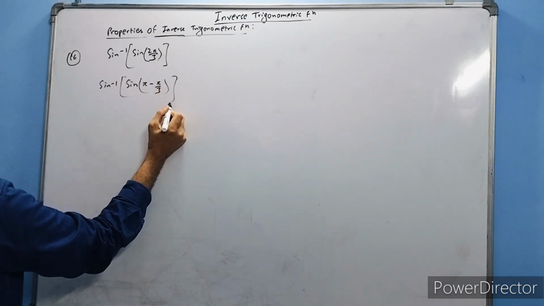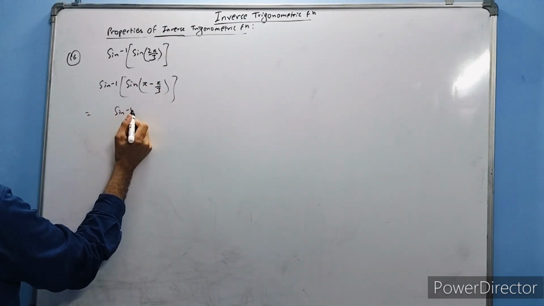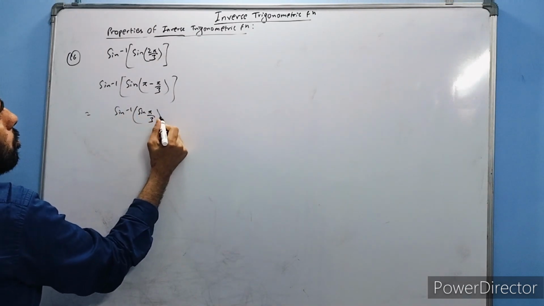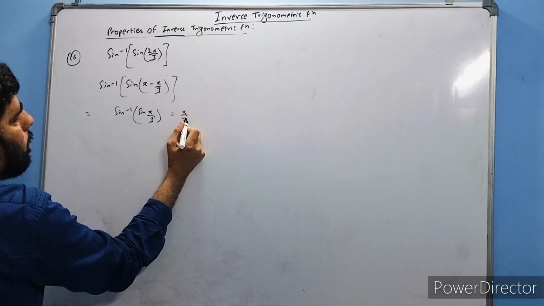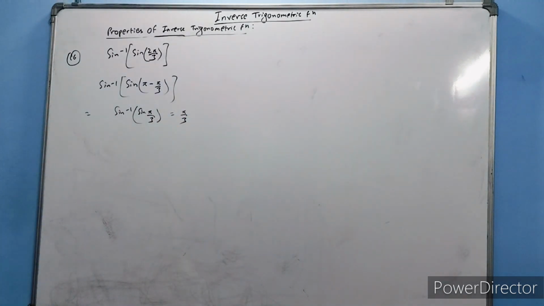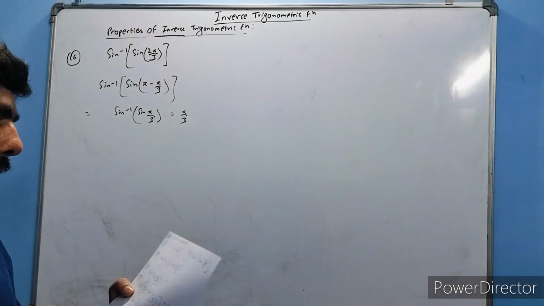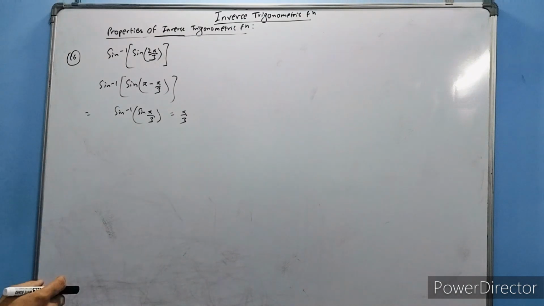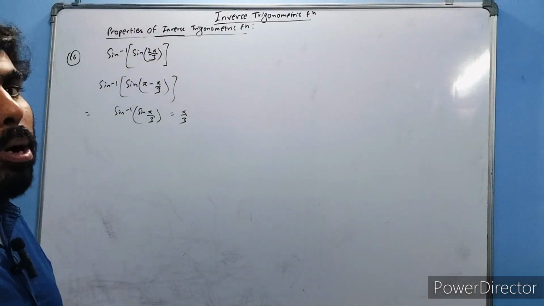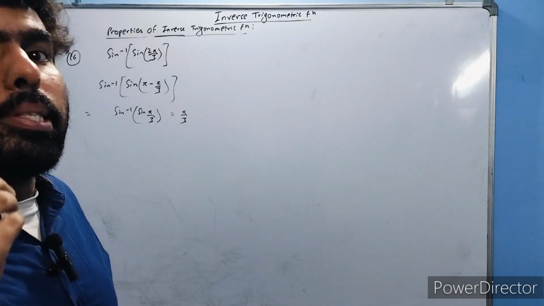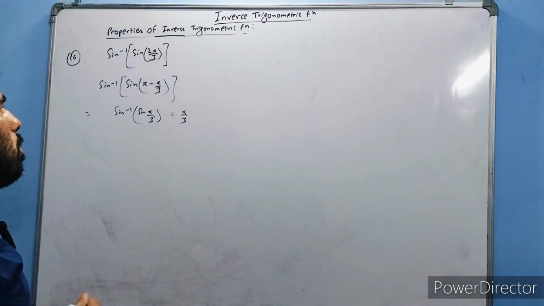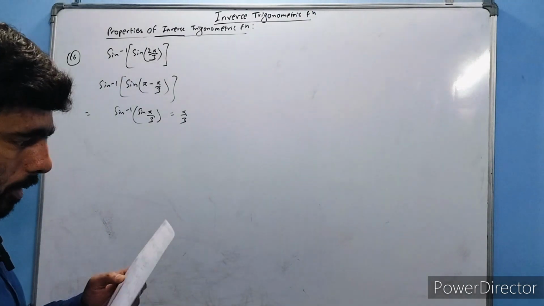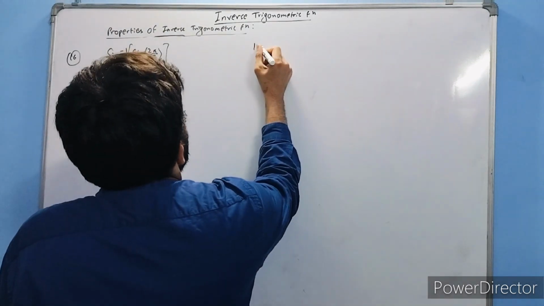Now pi minus pi upon 3 gives sine pi upon 3, so pi upon 3 is my answer. That is how we are able to find the value of such a question, sine inverse sine 2 pi upon 3. I can write pi minus pi by 3, because sine is positive in the second quadrant, and in the first quadrant also. So I put this, I got sine pi by 3, so I got pi upon 3. That is how we are able to find the value.